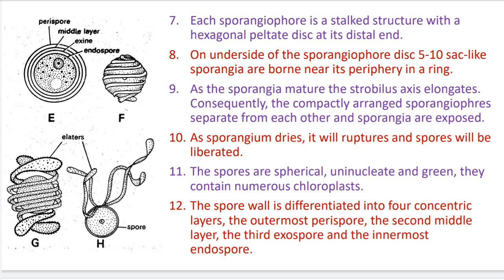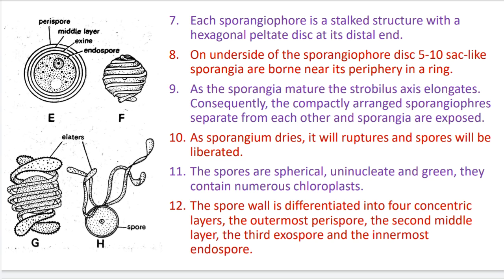The spore wall is made of 4 layers. The outer layer is called the perispore. The second is the middle layer. Then third is the exospore or exine, and innermost is the endospore. So these are the 4 layers of the spores: perispore, middle layer, exine or exospore, and endospore or intine.